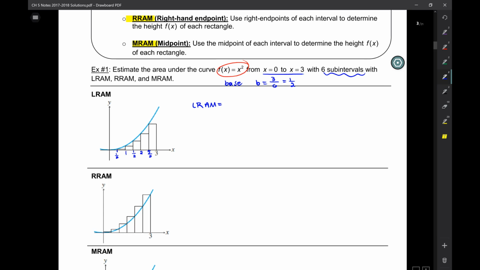The base is 1/2. How much is the height? It starts here. The left end point is at 0, so 0 squared. Plus the second rectangle. It's 1/2 times, how much is the height? 1 over 2 squared.